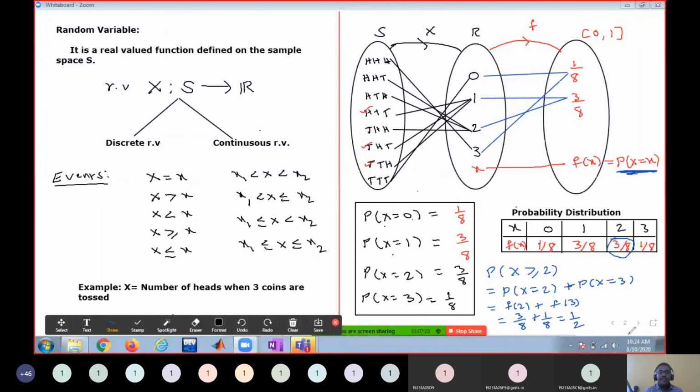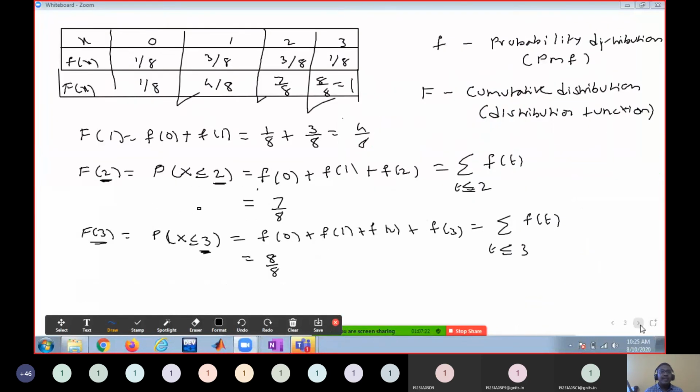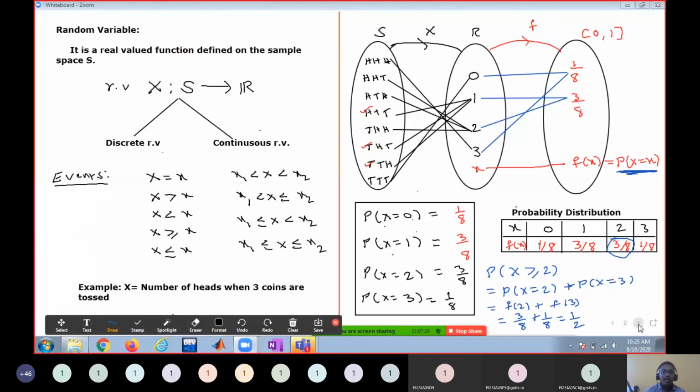Probability distributions are of two types: discrete probability distribution and continuous probability distribution. Discrete probability distribution is called the probability mass function. Continuous probability distribution is called the probability density function. In the next class we will do some problems related to discrete and continuous random variables, followed by some statistical definitions on random variables and probability distributions.